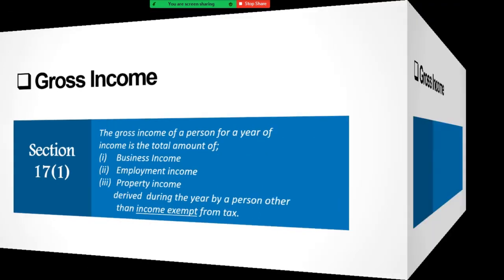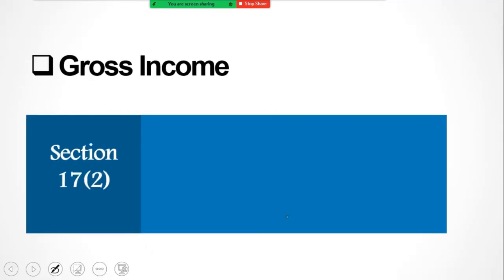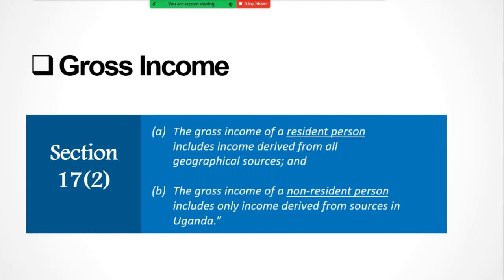Now, when it comes to gross income again, section 17 subsection 2, you'll see all these in the tax law. Ideally, if you are a resident person, according to section 17 subsection 2, we are going to gross up all the income derived from all the geographical sources.